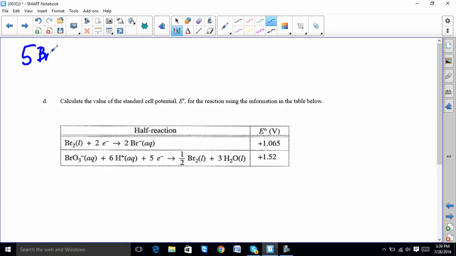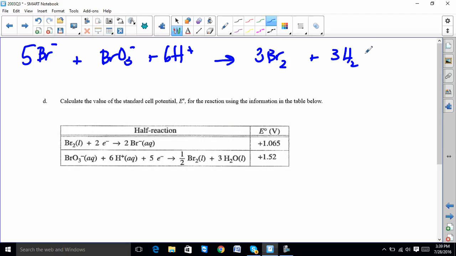So 5 Br minus plus BrO3 minus plus 6H plus goes to 3 Br2 plus 3H2O. I'm dropping the physical states. And they want you to figure out the standard cell potential.